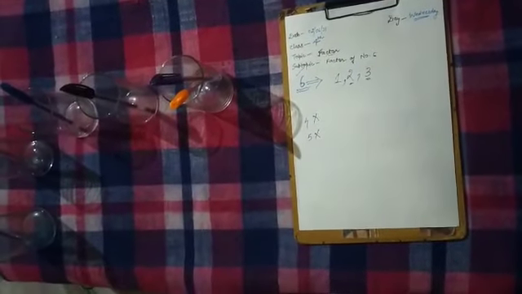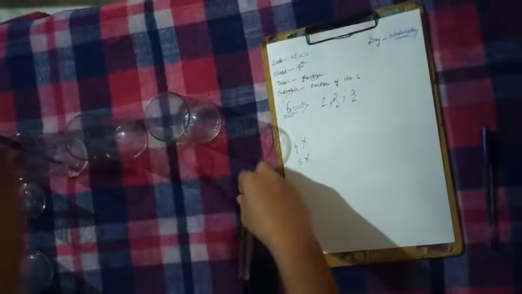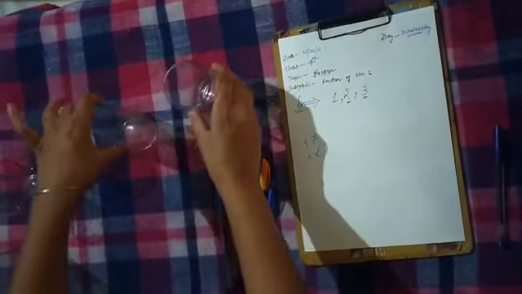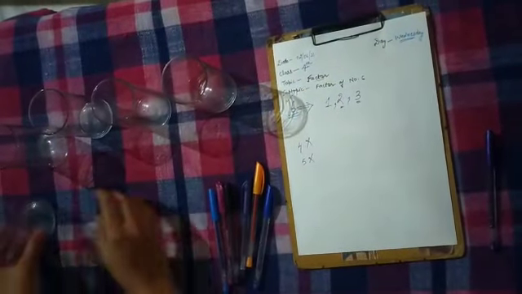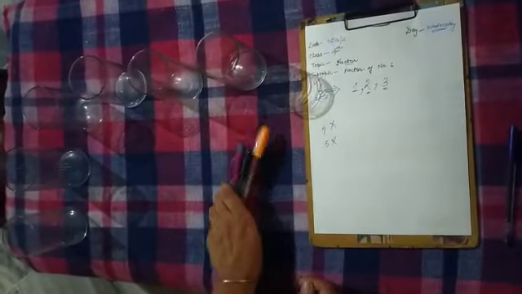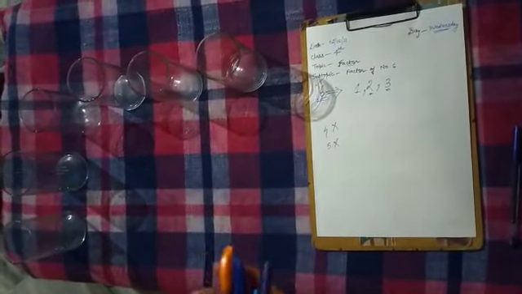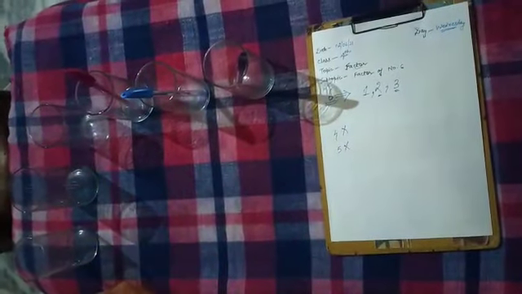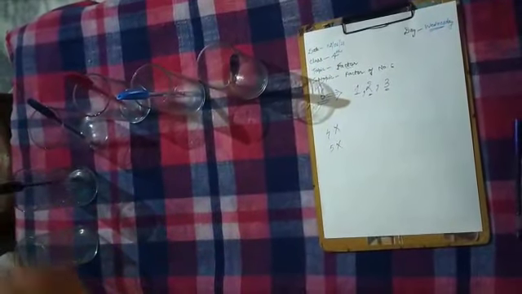It is a factor of 6 only when we can divide equally. Now we will do the same procedure for 6 glasses. We have to put these 6 pens into these 6 glasses: 1, 2, 3, 4, 5 and 6. One pen in the first glass, second glass, third, fourth, fifth and sixth.